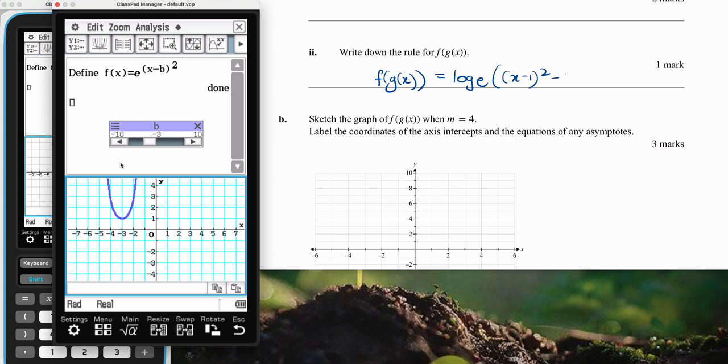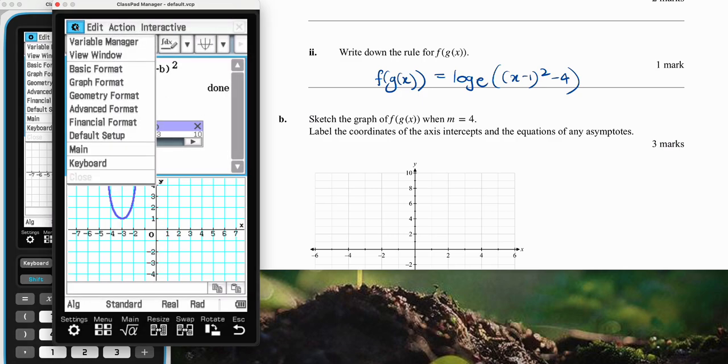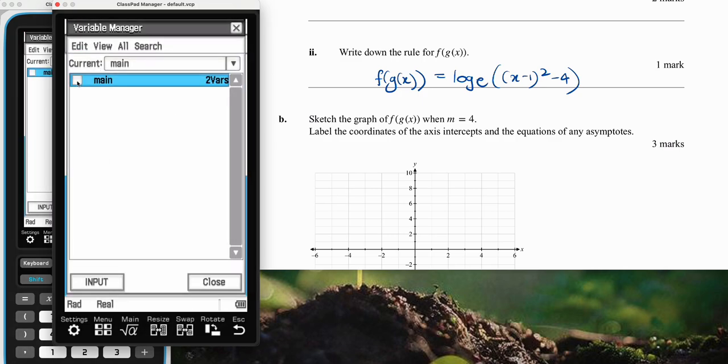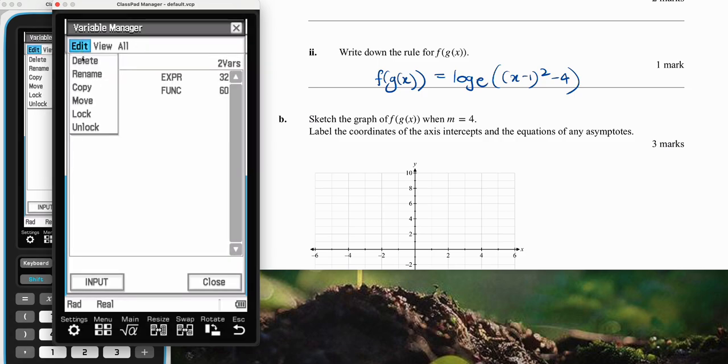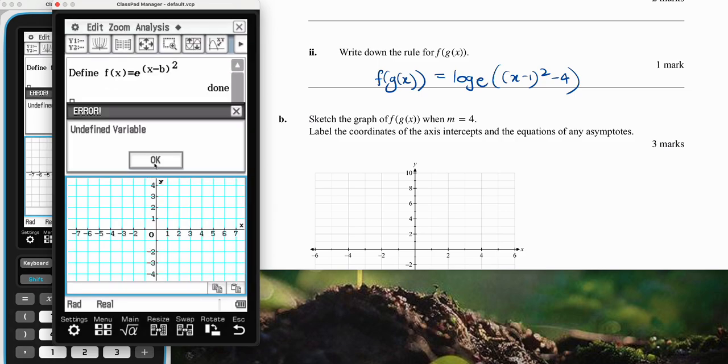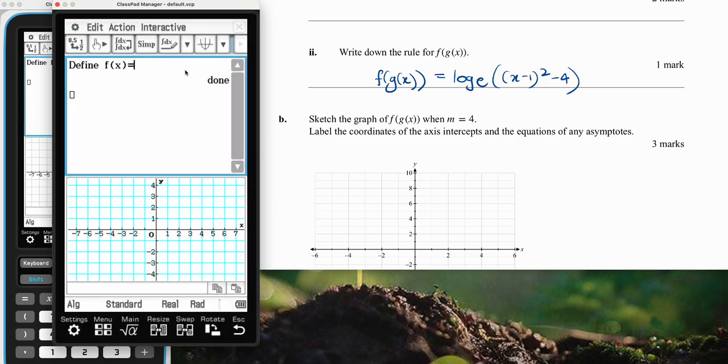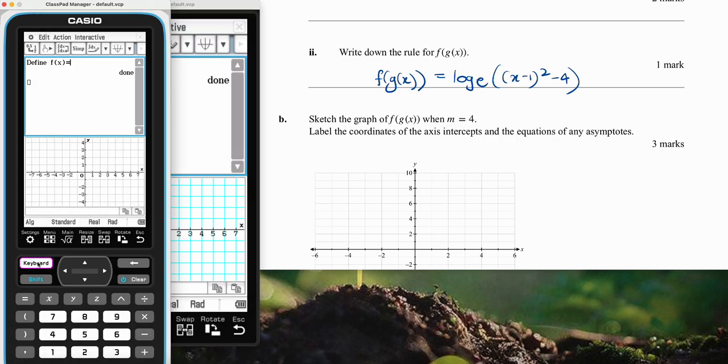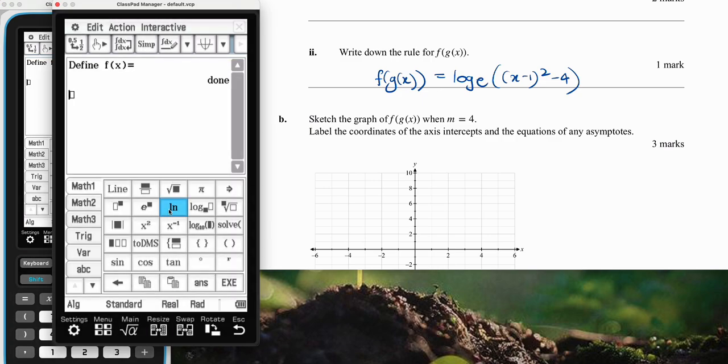So let's put that into our calculator. Okay, instead of f of x, I want ln, another bracket, x minus 1 squared minus 4.